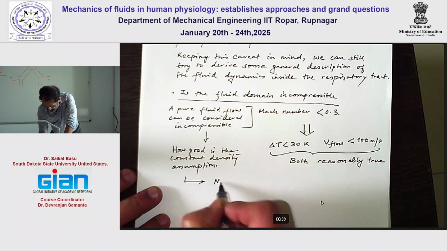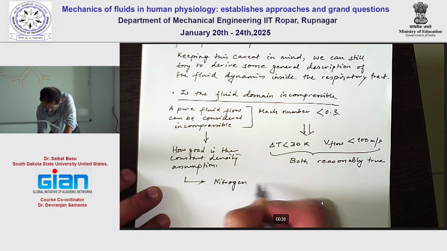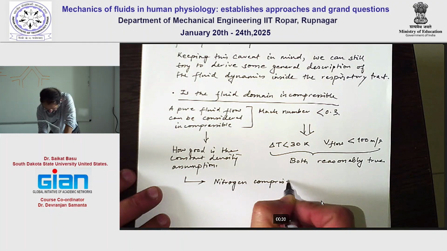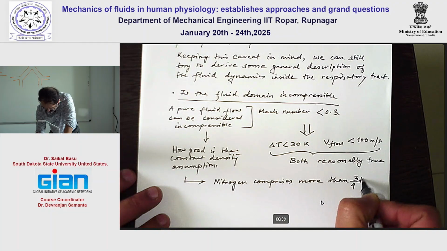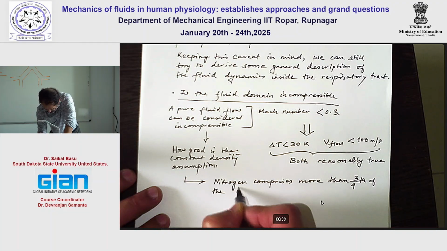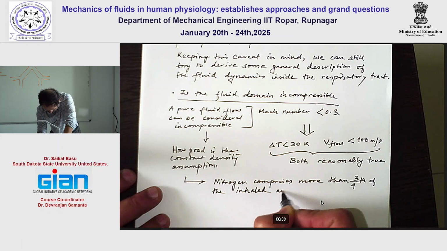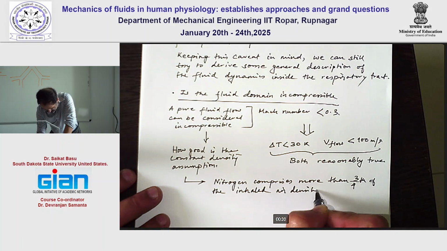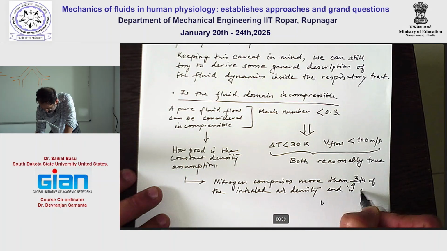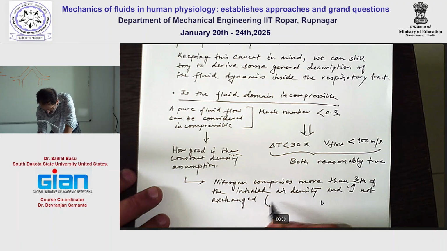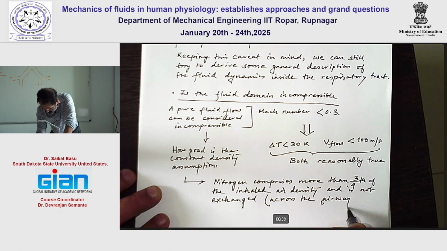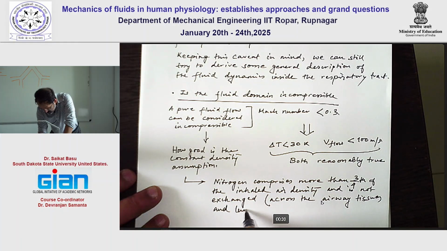So nitrogen comprises more than 3/4 of the inhaled air density, and is not exchanged across the airway tissues and lung epithelium.